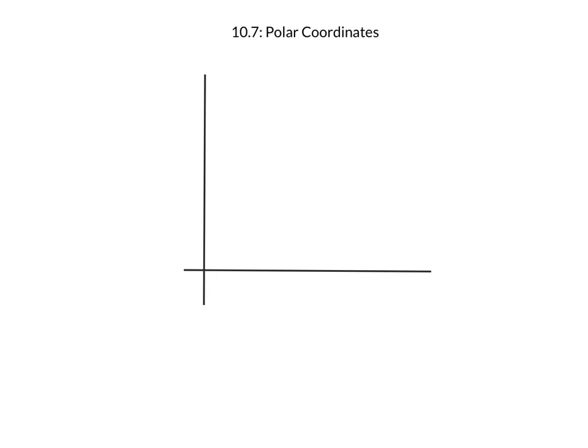So let's talk about something that's familiar to you first. You've been using the coordinate plane for a very long time. You know, for instance, that this point can be called x comma y, and that the horizontal distance is the x coordinate, and the vertical distance is called the y coordinate.